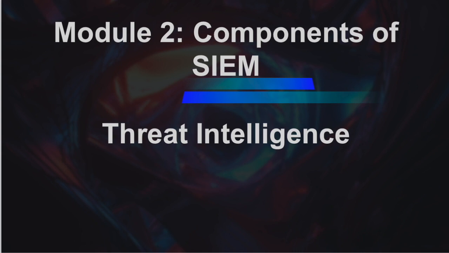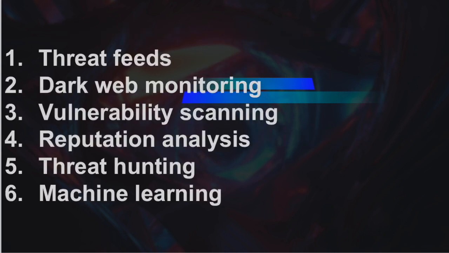Here are some examples of threat intelligence features commonly used in SIM solution. Threat feeds. SIM solution can be integrated with threat feeds which provide real-time information on emerging threats.